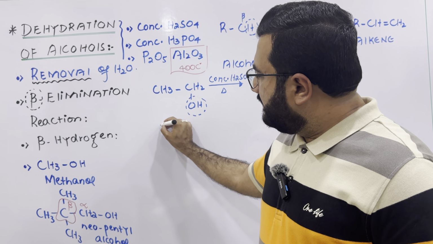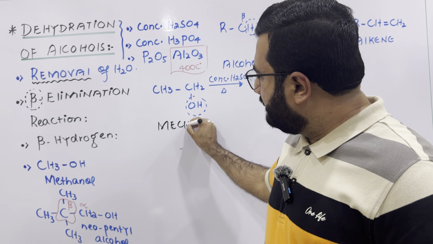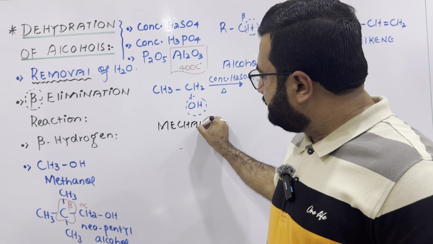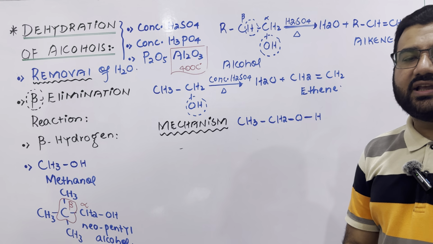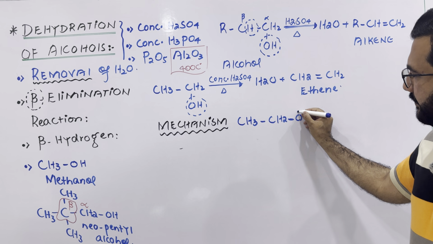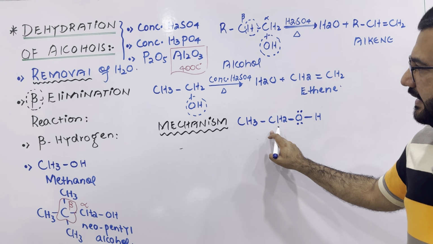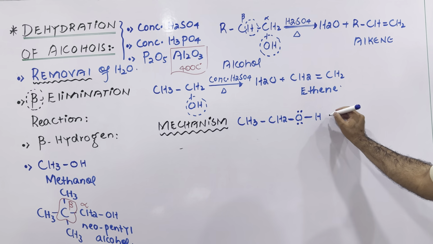Let us talk about the mechanism of this dehydration of the alcohols. My dear students, acid is the catalyst. So in the first step, suppose that we have this ethanol. You know that alcohols are amphoteric in nature. So because of the lone pairs on the oxygen, this alcohol will act as a base, and it will accept proton from acid.